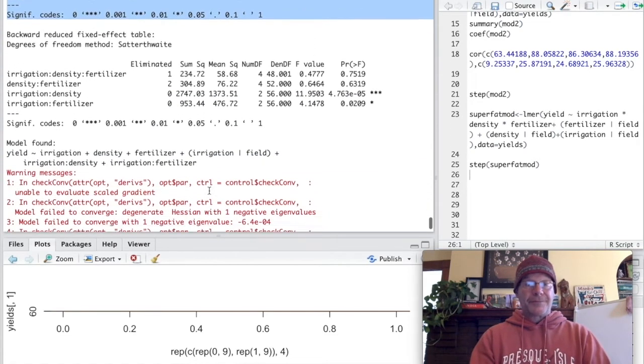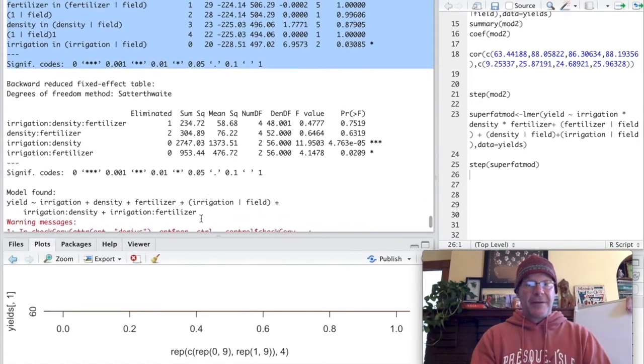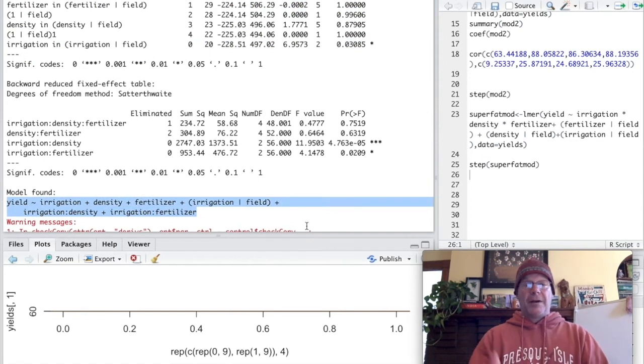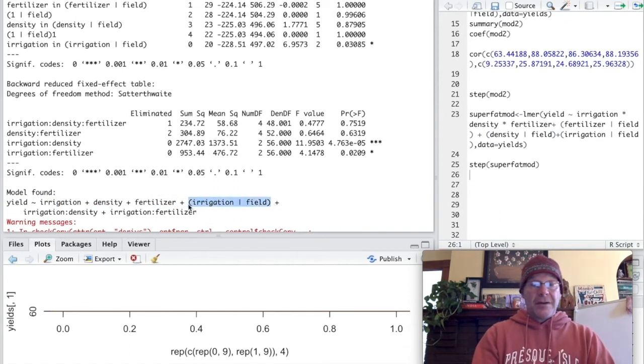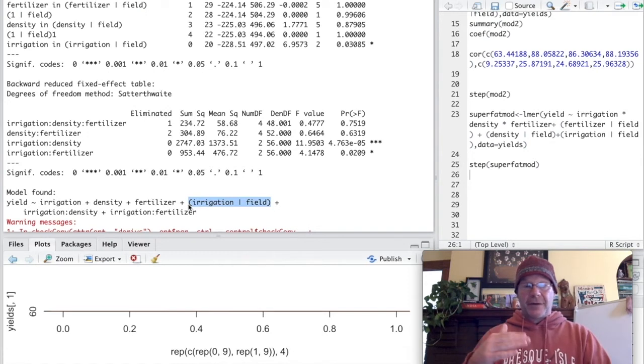And so what we've ended up with here is a model where irrigation, density, and fertilizer are all in the model. We're going to allow each field to have its own intercept, and we're going to allow the slopes to vary across fields as a function of whether or not you're irrigated.